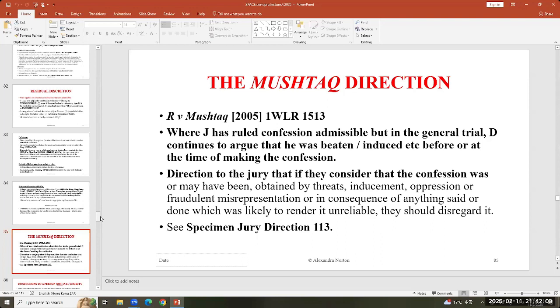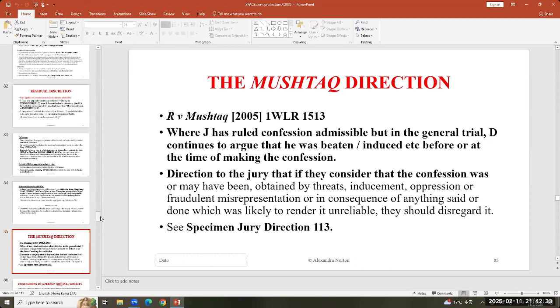But the defendant can introduce it himself, of course, right? In addition, if the defendant's confession has been ruled admissible and the defendant chooses to give evidence, he may continue to allege that he confessed, but only because he was beaten, induced, or threatened.